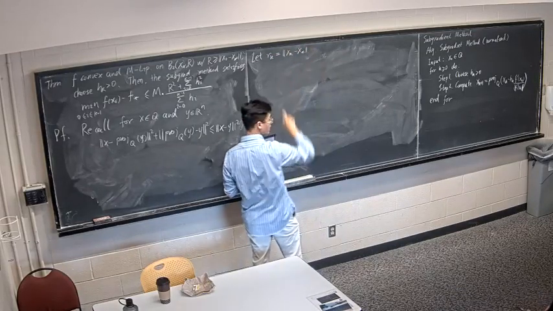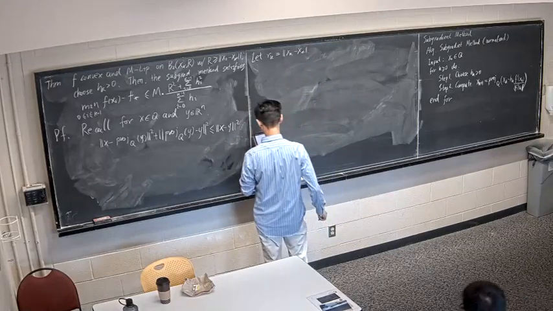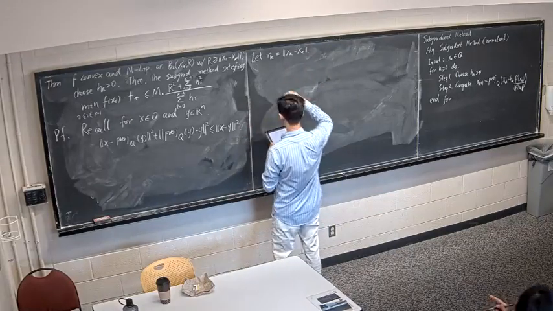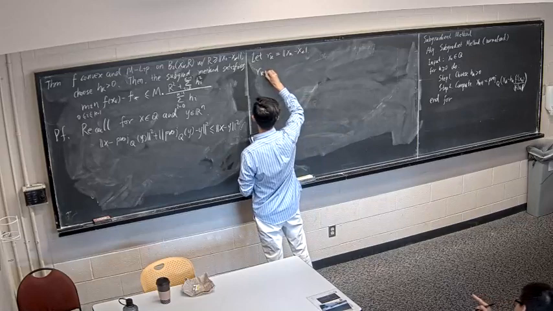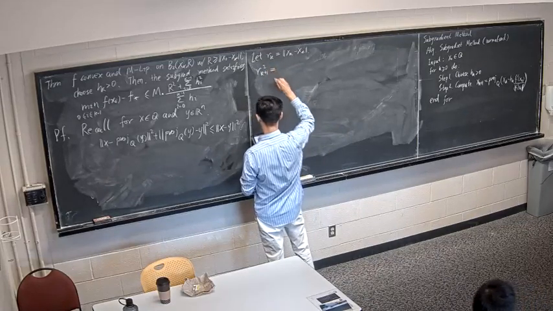And again, we define Rk to be the difference between xk and x star. As before, we expand this quadratic term.